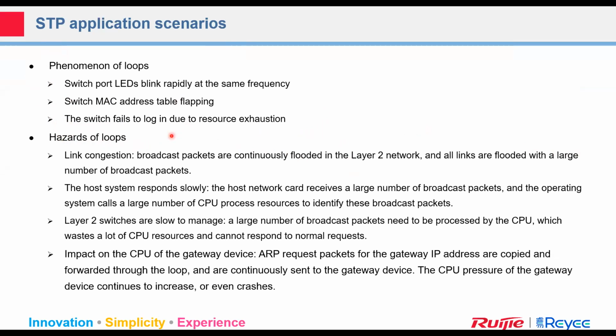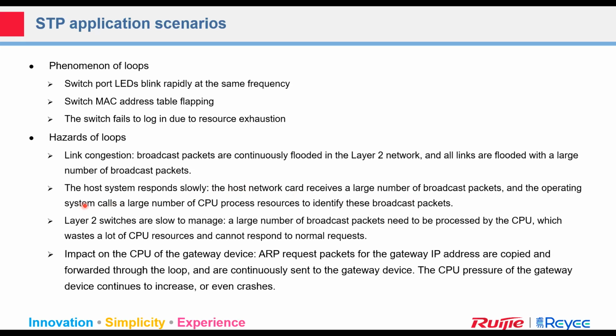The hazard of a network loop is link congestion, where broadcast packets are flooded into the network, and all links are flooded with a large number of broadcast packets.